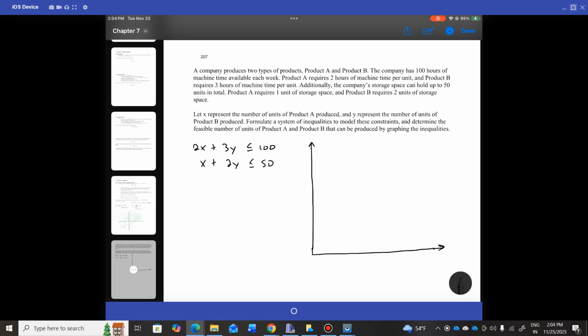So 2Y is less than or equal to 50 minus X. So Y is less than or equal to 25 minus 1/2 X. Right, and this is for the second one. And then the other one would be 3Y is less than or equal to 100 minus 2X. Y is less than or equal to 33.3 minus 2/3 X.